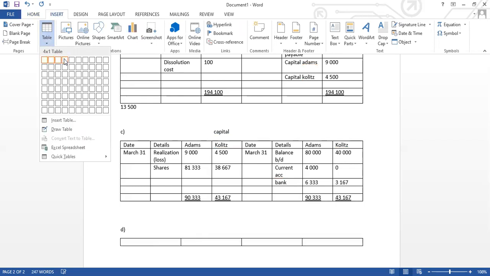He bought items, so we have 6 columns here.